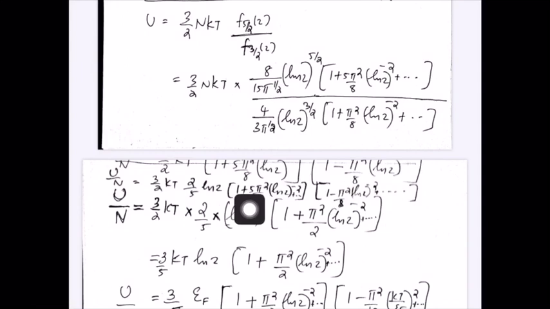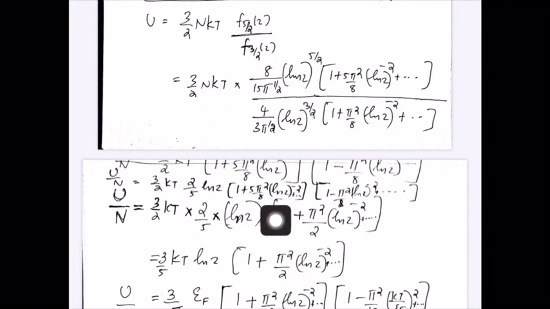So as we multiply, the first term will be 1 into 1, 1. Then 1 into minus pi square by 8, so we will have minus pi square by 8 (log z) to the power minus 2. Then if we multiply 5 pi square by 8 (log z) to the power minus 2, we will have that term. Then 5 pi square by 8 (log z) to the power minus 2 into pi square by 8 (log z) to the power minus 2.